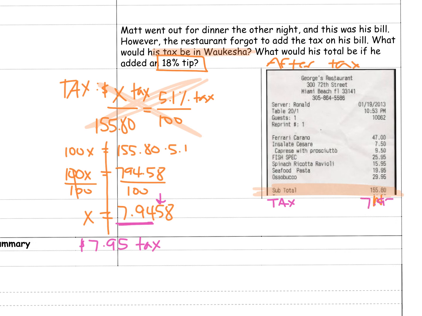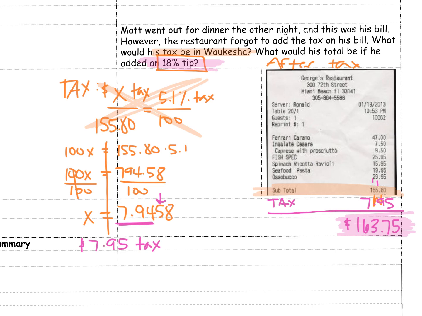So $7.95, and I need to figure out how much money is my bill now at. So now what this says is currently, here is my new bill. I'm now at $163.75, and I'm going to add an 18% tip to that.